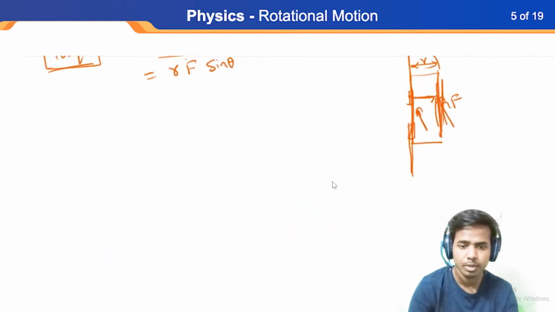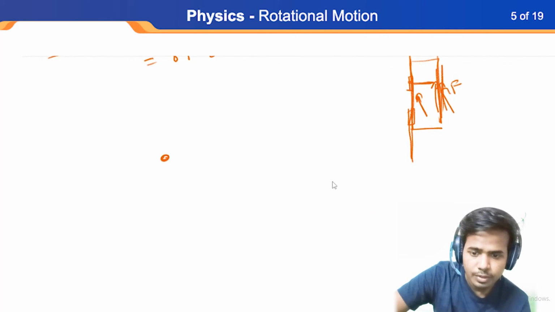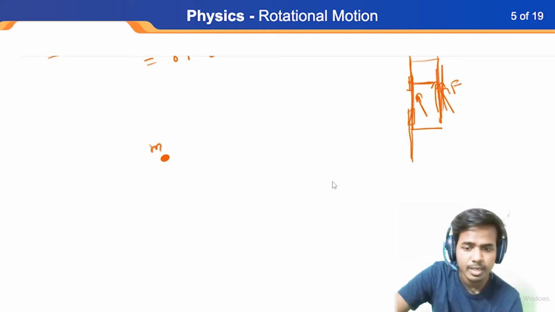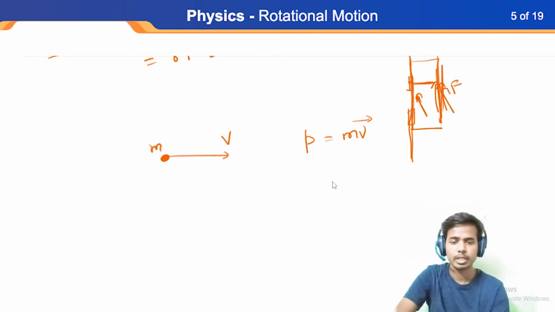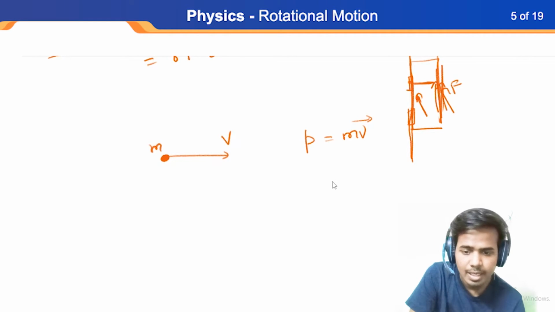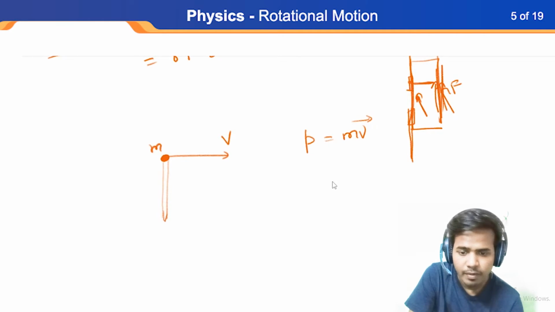Let's say there is a ball of mass m going in this direction with velocity v. Now we clearly see that the momentum is defined as mv. No question about that.